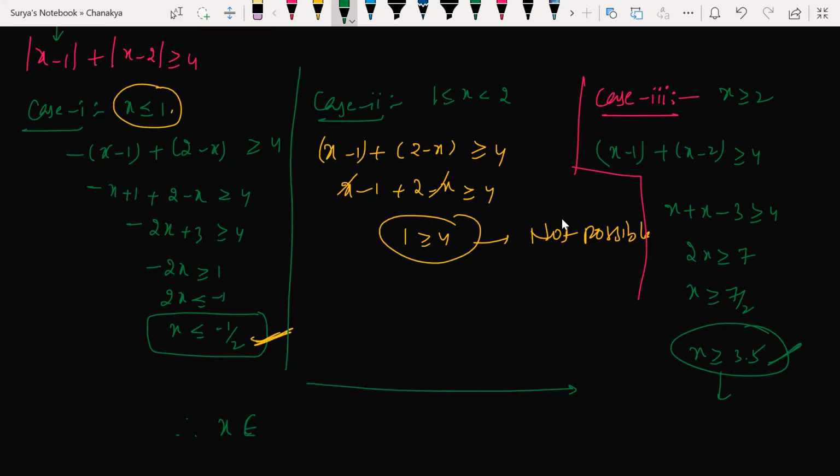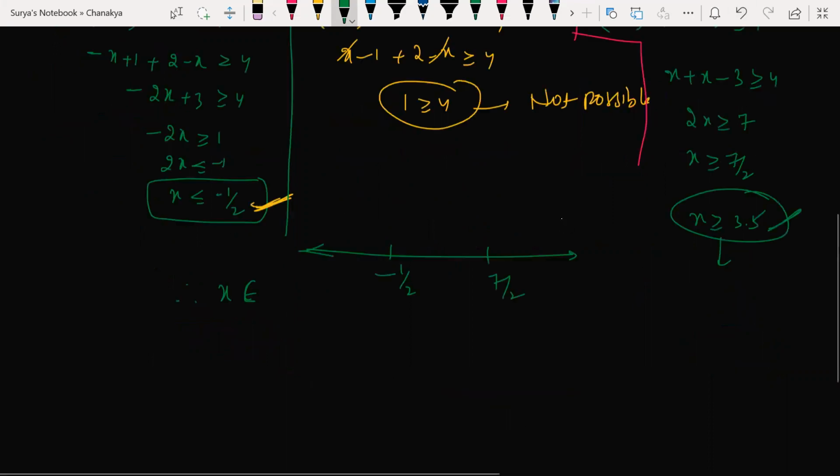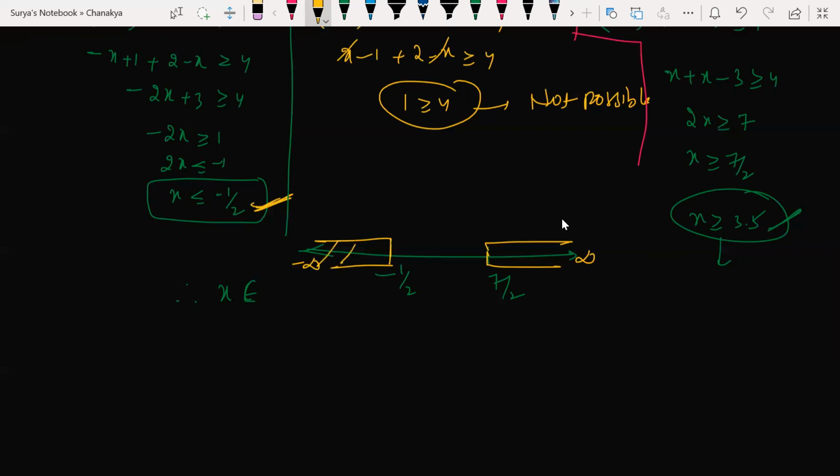Plot on the number line. Minus 1 by 2, and 3.5. x less than or equal to minus 1 by 2, we are including this as well, and greater than 3.5 up to plus infinity. So all this region.